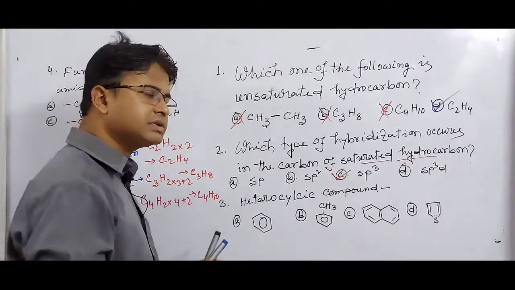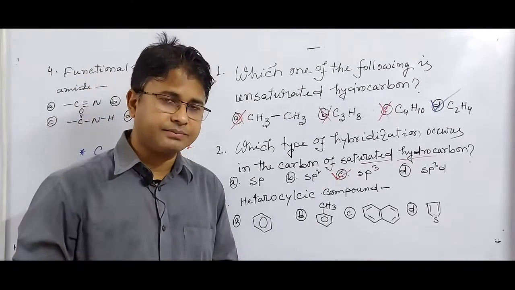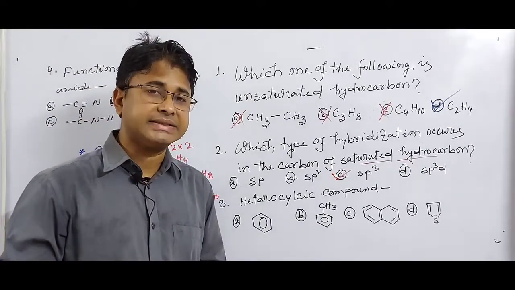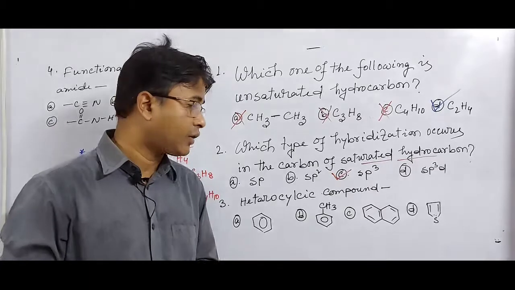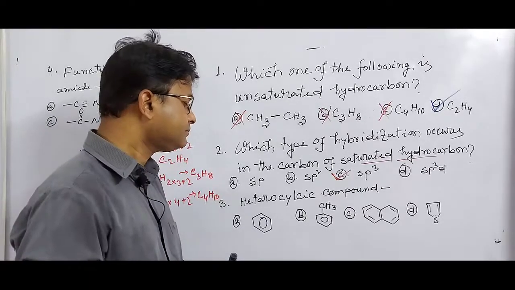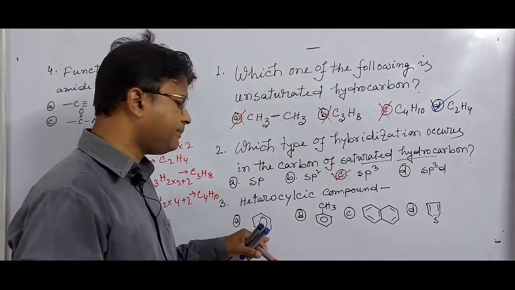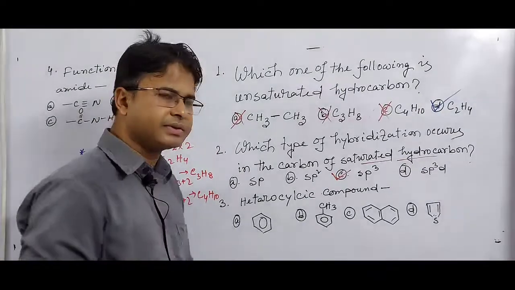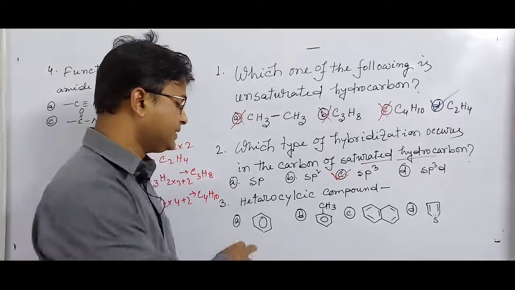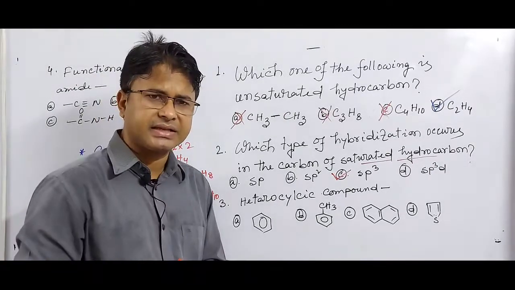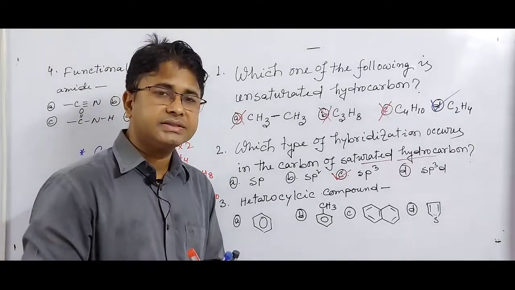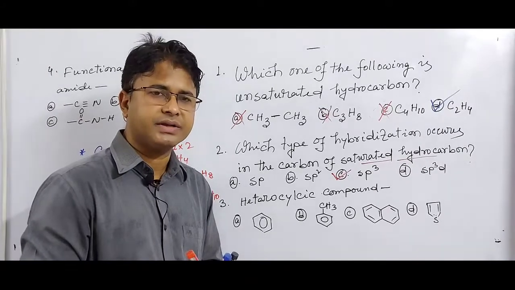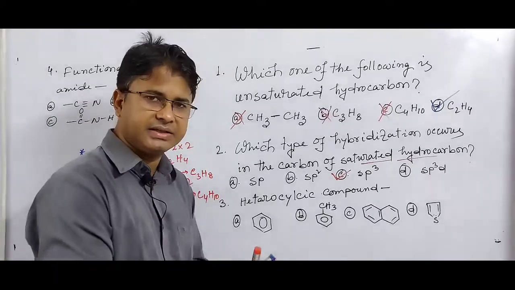Heterocyclic compound, students, first you have to know what a heterocyclic aromatic compound is. Students, you know that benzene is an aromatic compound, and this is the first member of aromatic compounds because benzene is a coplanar cyclic compound and it contains 4n plus 2 number of delocalized pi electrons.